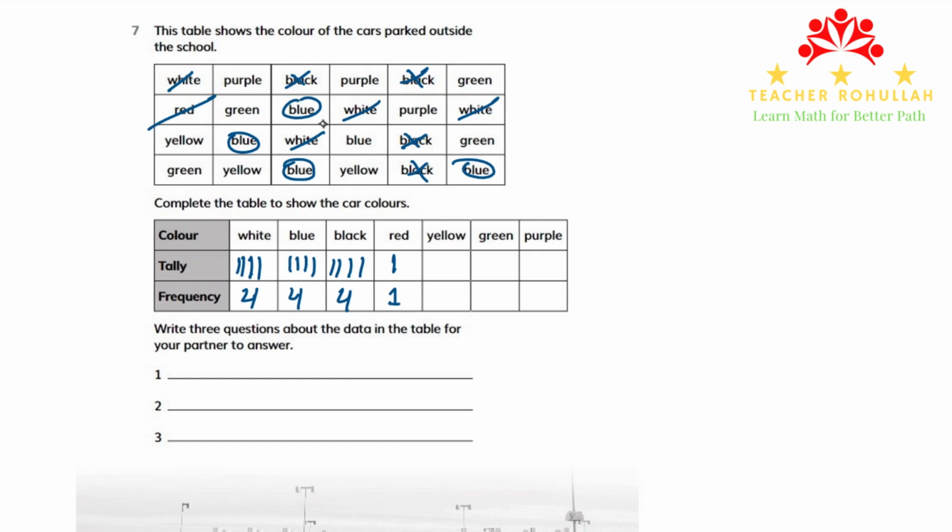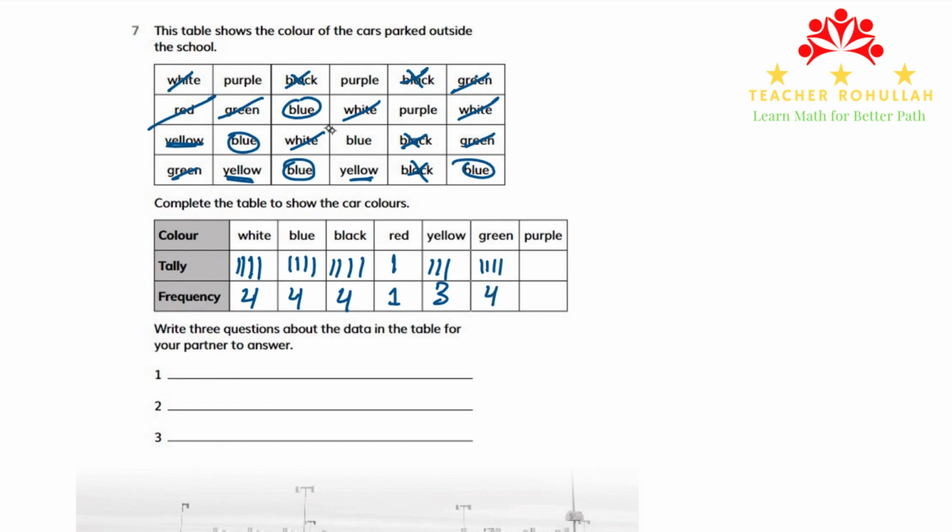How many yellow? In the first we don't have, and the second also we don't have. 1 we have in the third, and 2 in the fourth. So we have 3 yellow cars, and the frequency is also 3. How many green do we have? 1, 2, 3, 4. We have 4 green cars, so 4 for the frequency also.